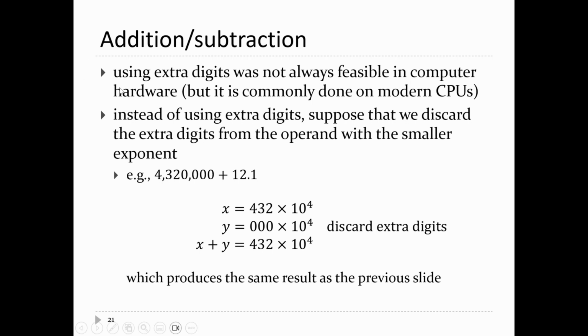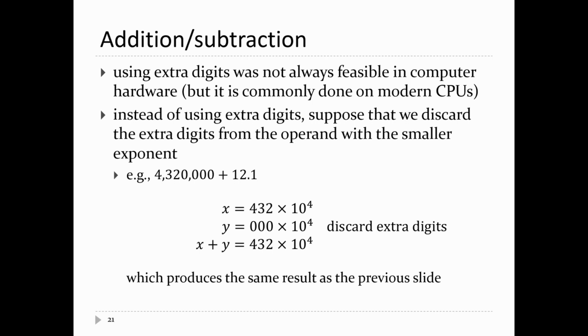So using extra digits was not always feasible in computer hardware. Now, on a modern CPU, this is less true. Modern CPUs do use extra digits to compute when they work with floating point values. But back in the day, that wasn't the case.